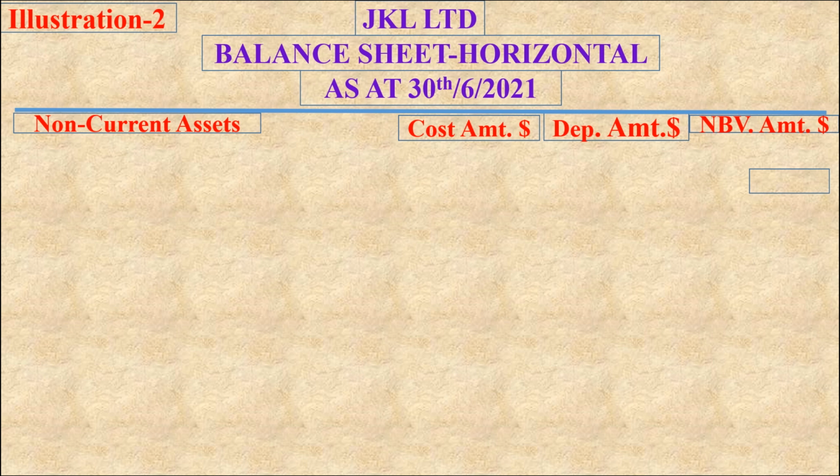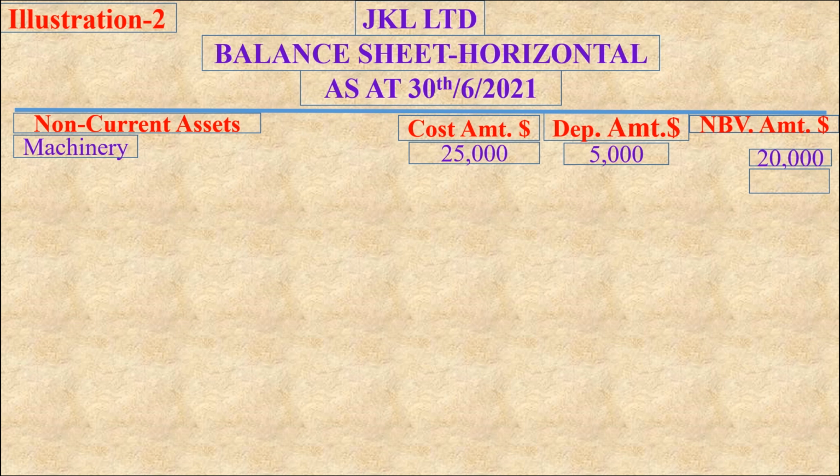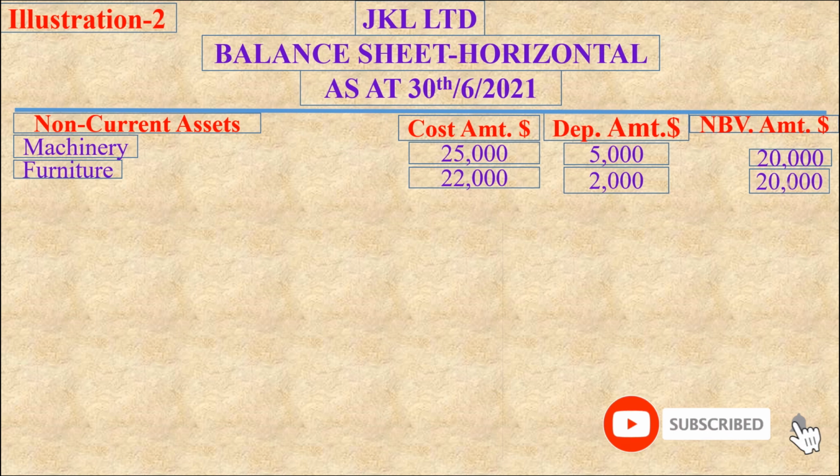So there we go. When we record, we start with machinery, whereby the total amount was 25,000 with cumulative depreciation of 5,000 and the net book value was 20,000. Again, we do the same for furniture, which was 22,000 with a depreciation of 2,000 so far, and that nets to 20,000.